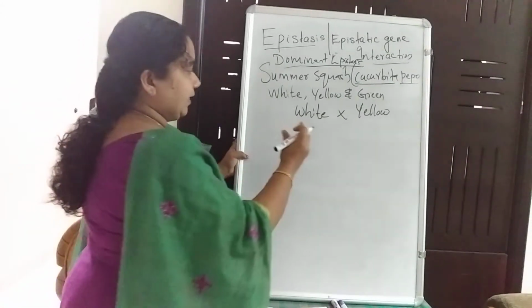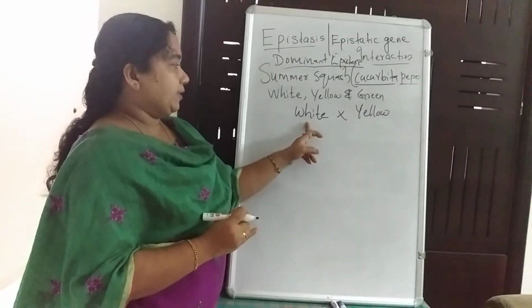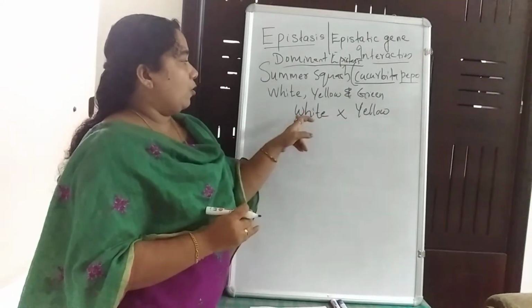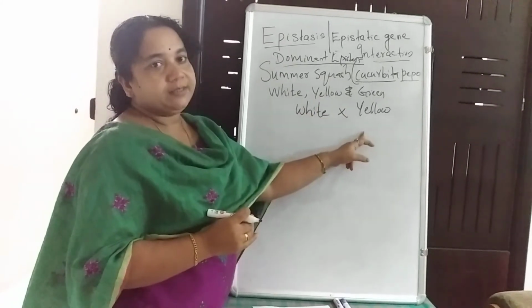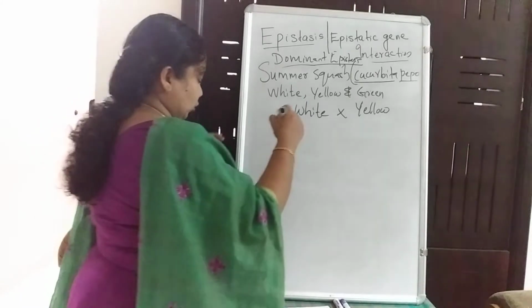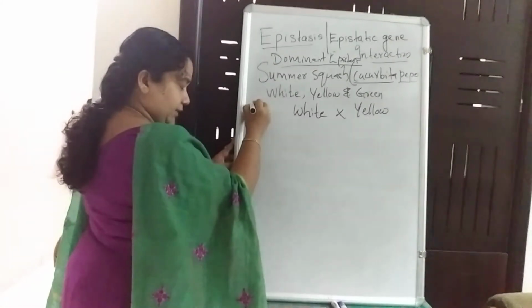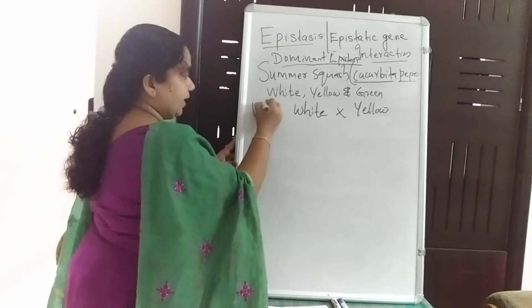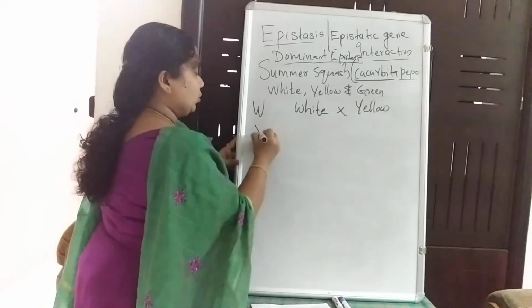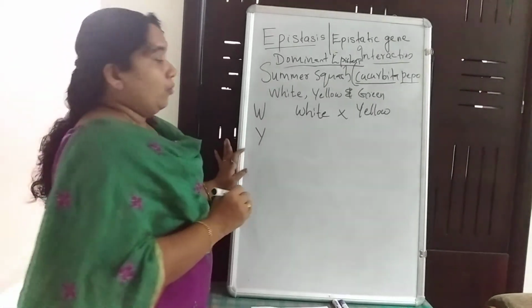For getting a heterozygous F1, what do we have to do? We have to select the white and yellow plants heterozygous for both genes. Here there are two genes, W and Y. Why?